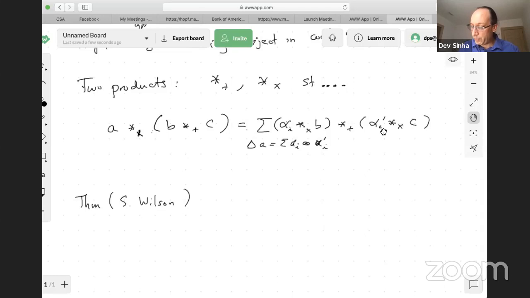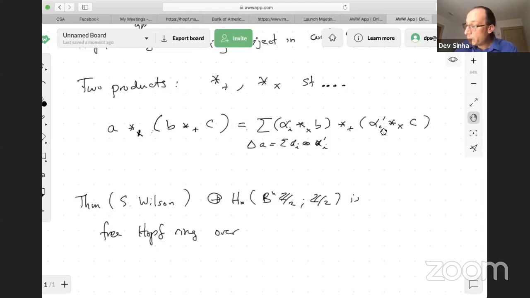I would give him credit because actually, the mod 2 homology of Eilenberg-MacLane spaces is the free Hopf ring over the single ring, which is the homology of the very first one. So if we know what this is, and I'll tell you what that is in a moment, then somehow everything else is sort of given by this structure.